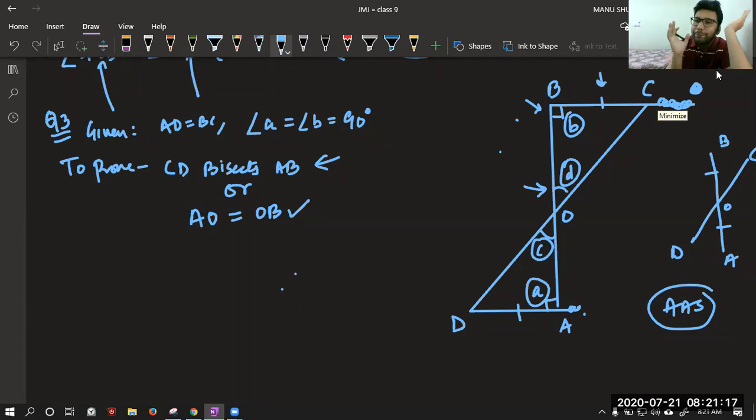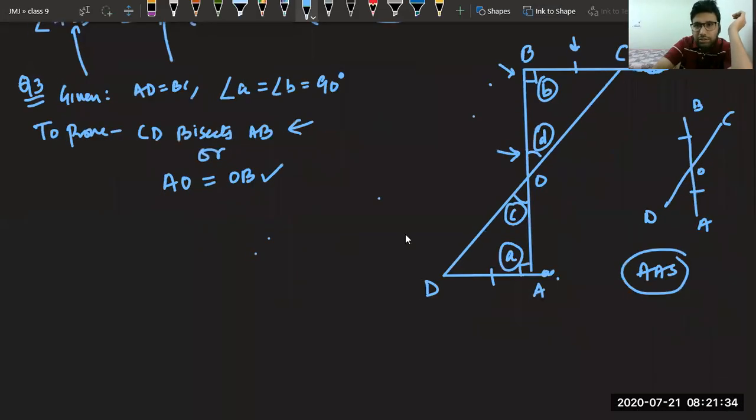Those who are happy with AAS can remain happy. No need to go into this. But to understand better, we are going into this detail. Let's start. We have already proved angle A equals angle B, and angle D equals angle C. Can we not prove the third angle equal?